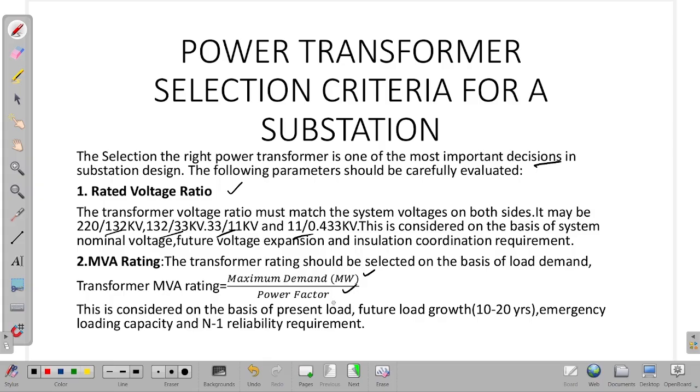The power factor is usually taken as 0.9, and this is considered on the basis of the present load and future load growth up to 10 to 20 years, emergency loading capacity if required of ONAN, and N-1 reliability requirement.